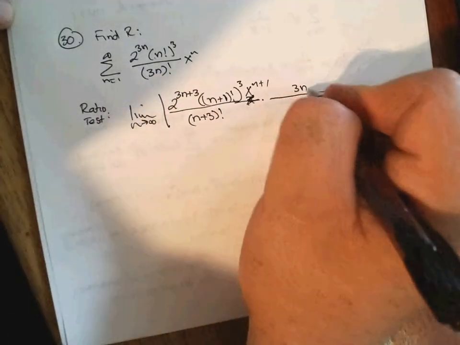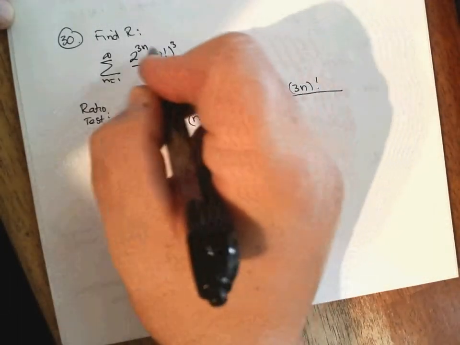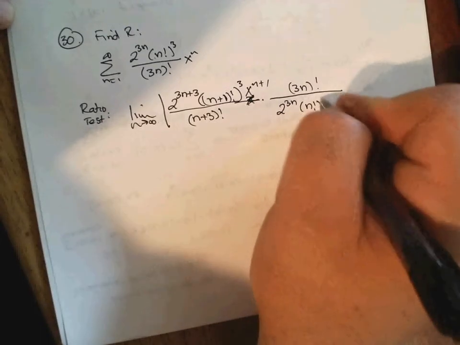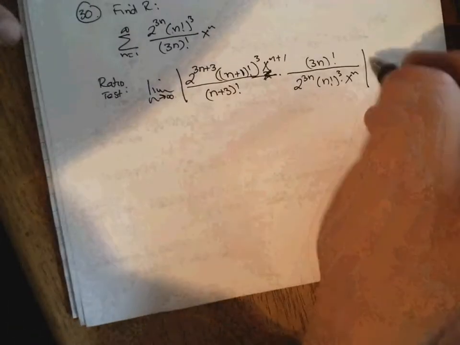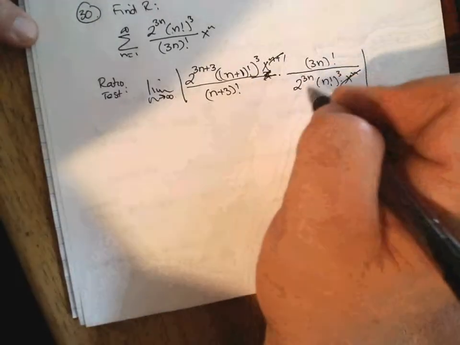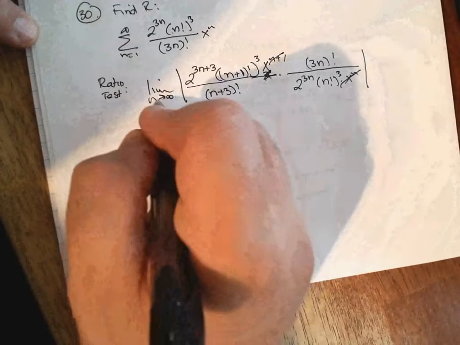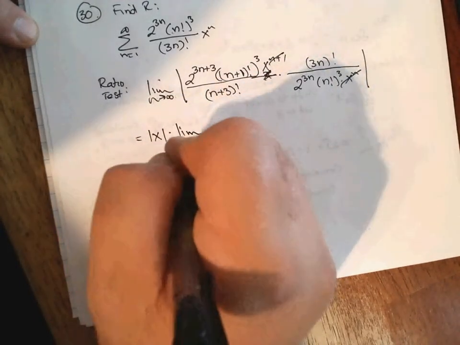Now flip this and multiply. 3n factorial in the top, all of this now in the bottom. So 2 to the 3n, n factorial cubed, and x to the n. And do your cancellations. X to the n cancels n of those, leaving an x.